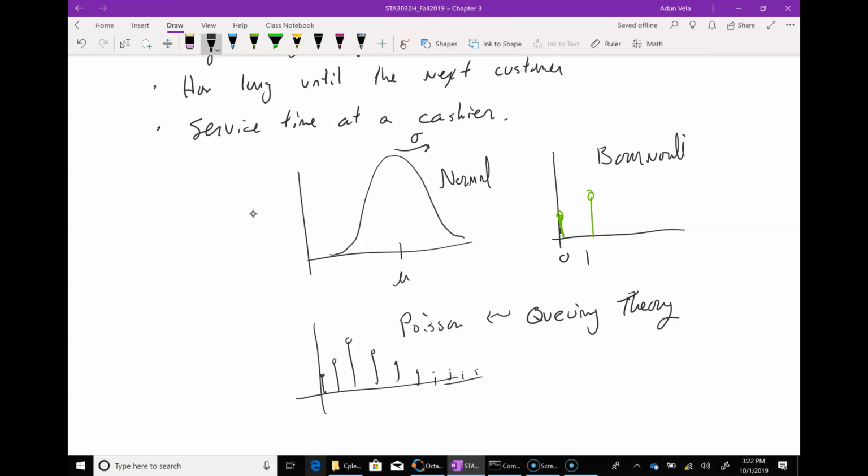One of the people who surprised me cared the most about queuing theory is the IRS. Does anybody know why the IRS cares about queuing theory with their call centers? What's the goal of the IRS? Not to get you to hang up. In fact, quite the opposite. What's the goal of the IRS? What's their function?